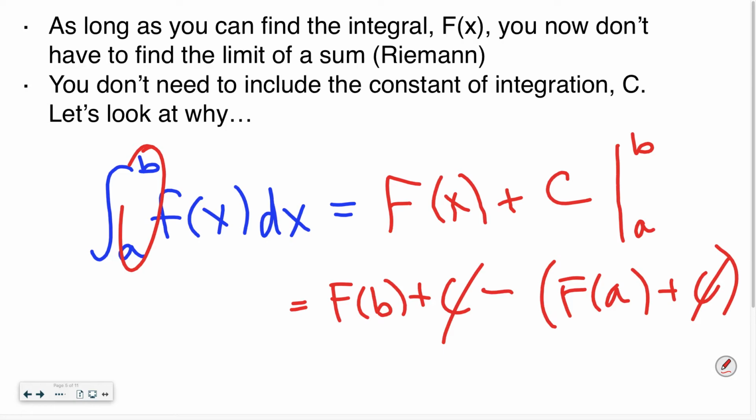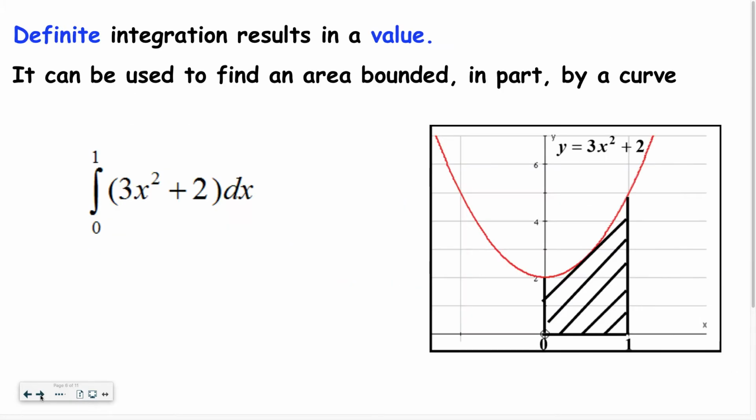All right, let's do some work. Please write down the integral from 0 to 1 of 3x squared plus 2 dx. I have a picture for you over here.